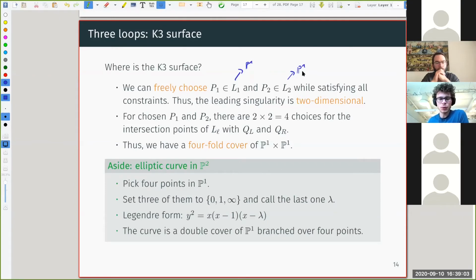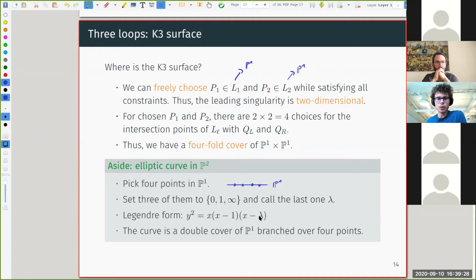And the situation is kind of similar to how you can also have an elliptic curve in the plane. The way we can have an elliptic curve in the plane is, we take some P1 and we take 4 points and we fix 3 of them to 0, 1, infinity. And then we just have this last one left, this lambda. And then we can write an elliptic curve in this way.